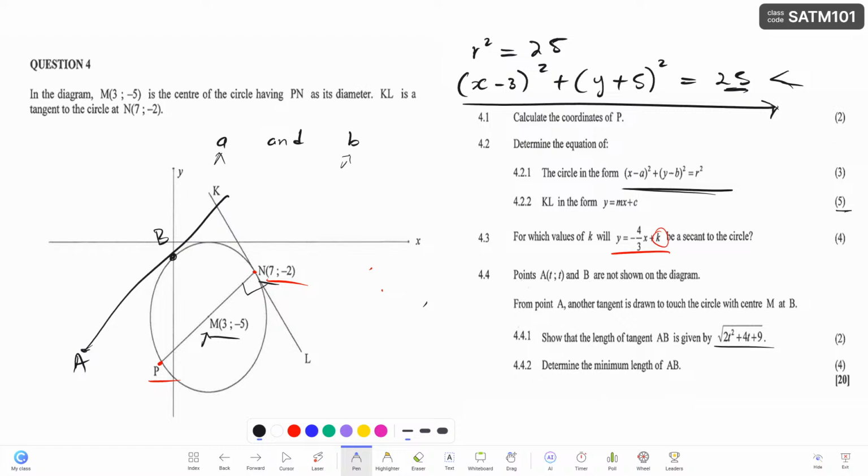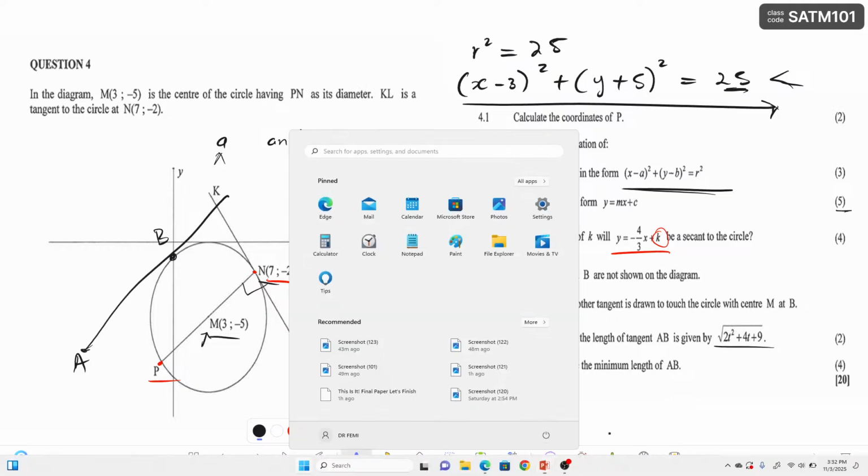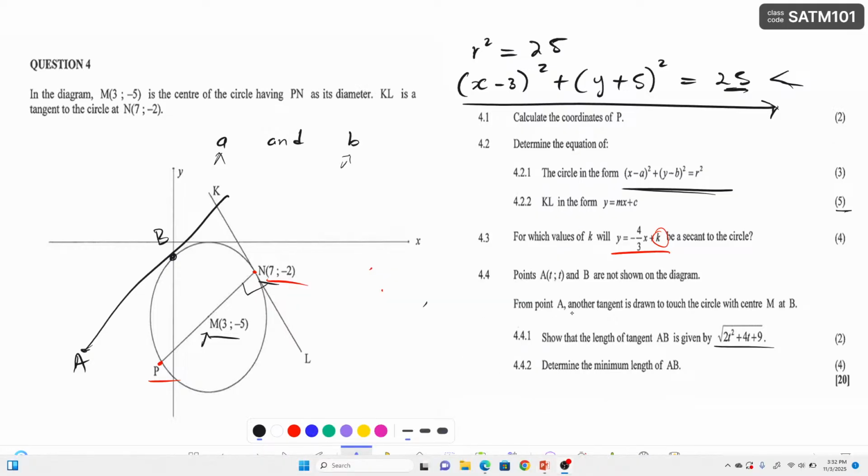The next question, they said determine the minimum length of AB.